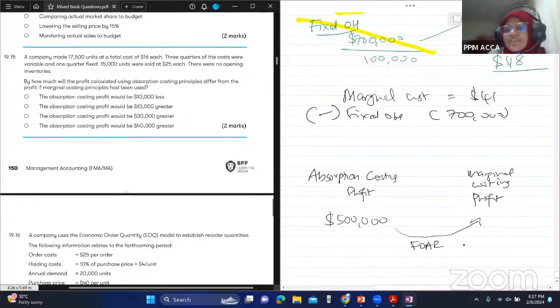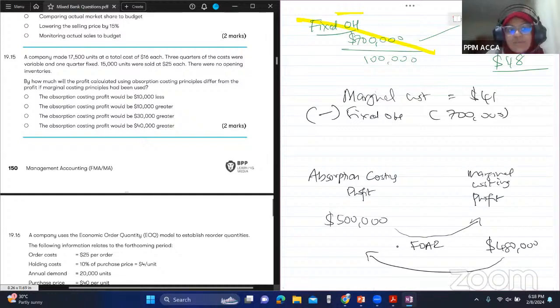These two pieces of information are enough for me to calculate what the marginal costing profit would have been had we used marginal costing principles. And the other way also it can work. If you have the marginal costing profit, let's say it's 480,000, I should be able to calculate the absorption costing profit as well.